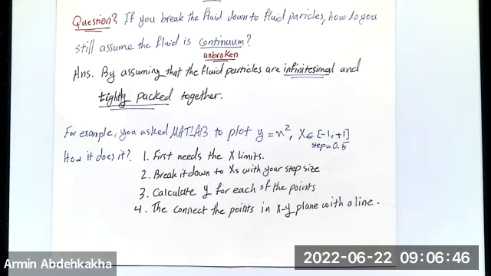And for each point, you calculate what y is. When it finds those points, it gives you the points on a plane, and finally connects them with a linear line. That's the whole thing that is happening.